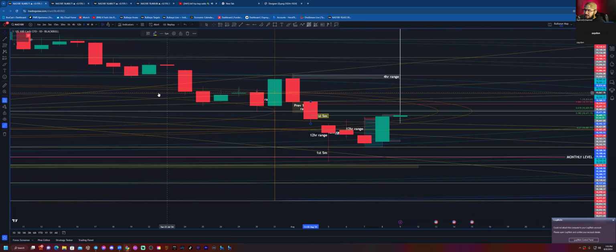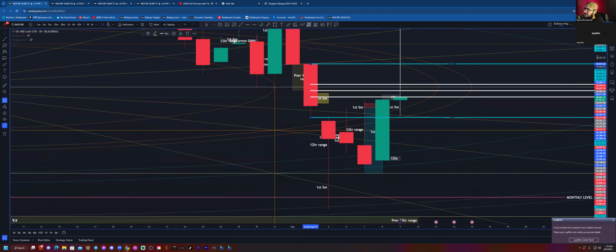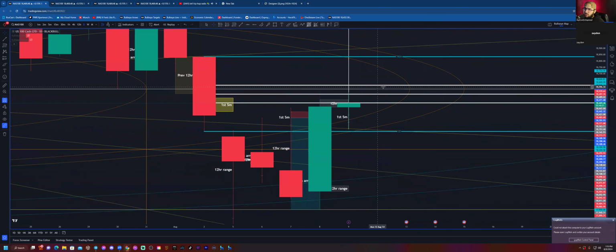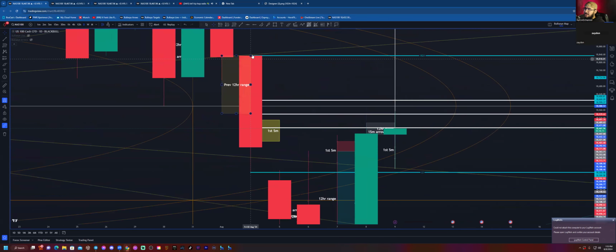I do it with the blue lines and the 3 lines in the middle, which break it up into thirds. Friday, as you can see here, was bearish. So we can anticipate Monday doing what?